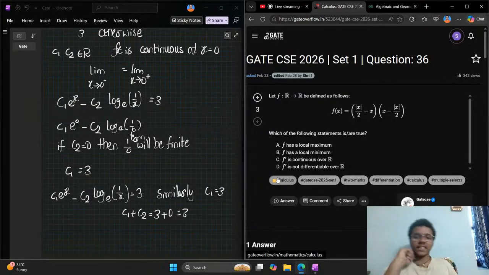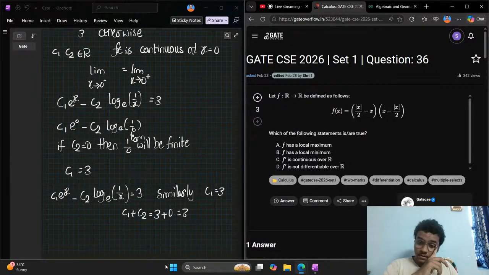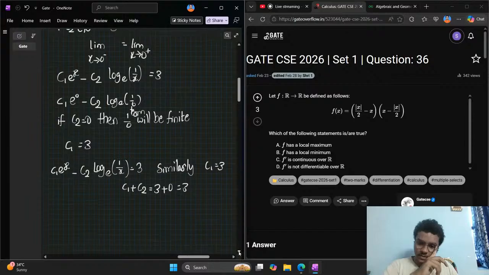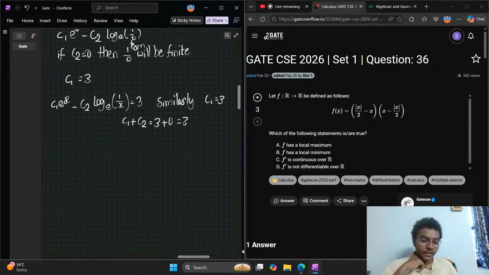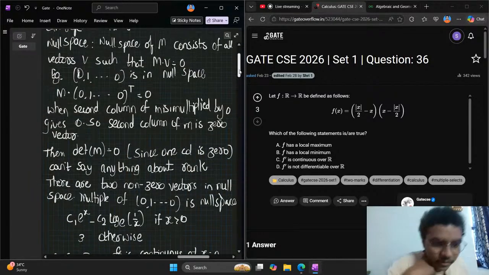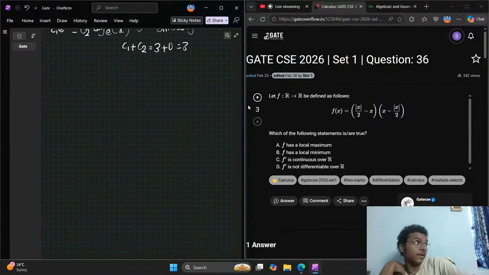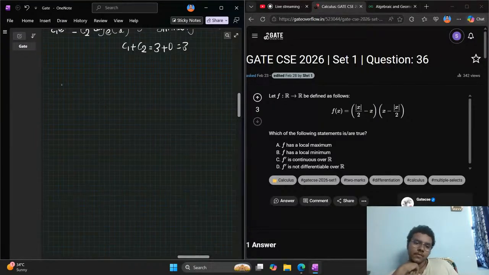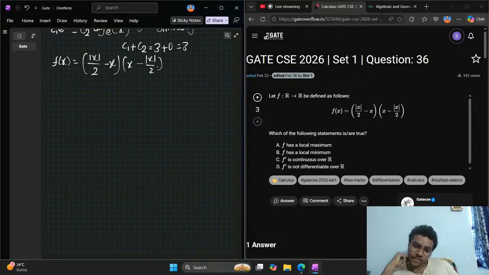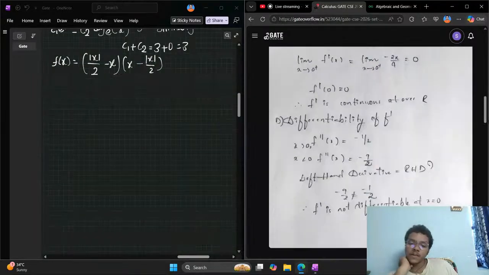Okay, the function is defined as follows: local maximum, local minimum, differentiable, continuous. You need to do the derivative test, right, to understand how it performs. F of x is equal to mod x by 2 minus x minus mod x by 2. Okay, my guy is here again.